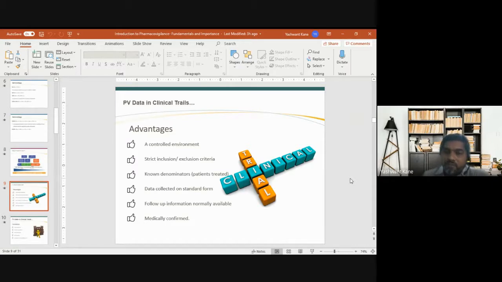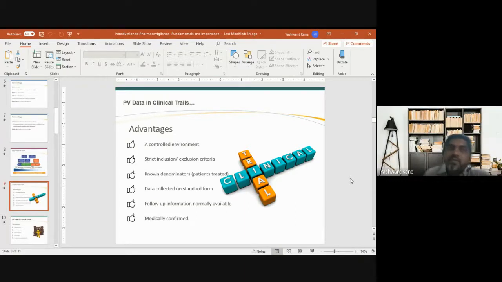phase of pharmacovigilance. Follow-up information is normally available. Suppose, what's the importance of pharmacovigilance? First of all, whenever we have something in front of us, we want to know more about it, and that's curiosity, going into depth and giving the root cause analysis of that evidence or that event.